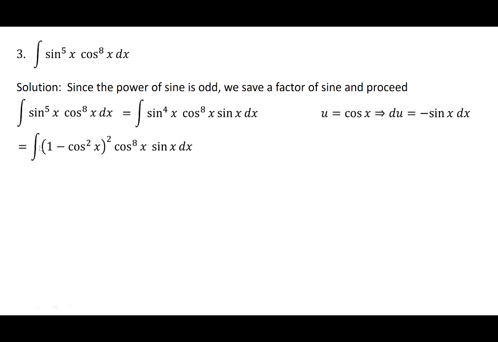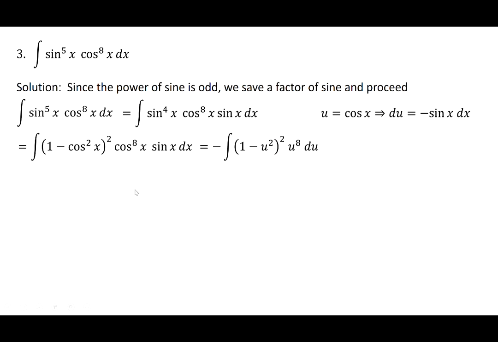So would this work? Isn't sine to the 4x the same as sine square x, the quantity squared? Now, couldn't we write sine square x as 1 minus cosine square x? So that sine to the 4x becomes 1 minus cosine square x, the quantity squared. That's the idea. Cool.